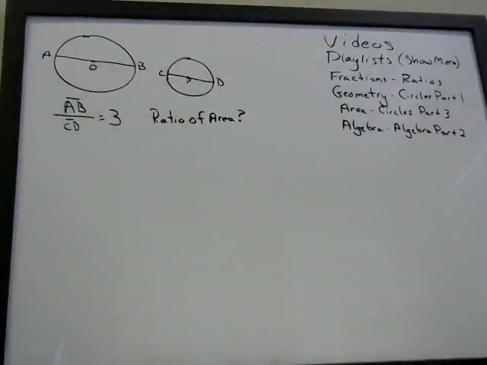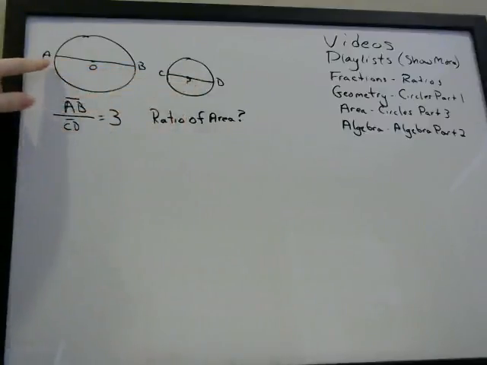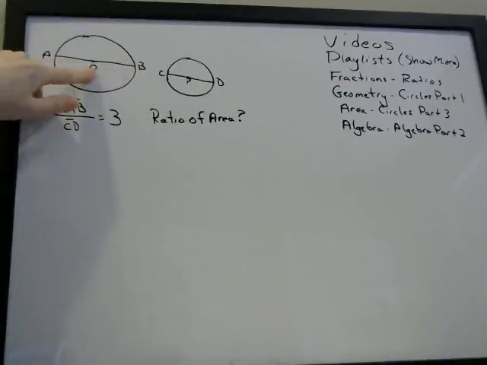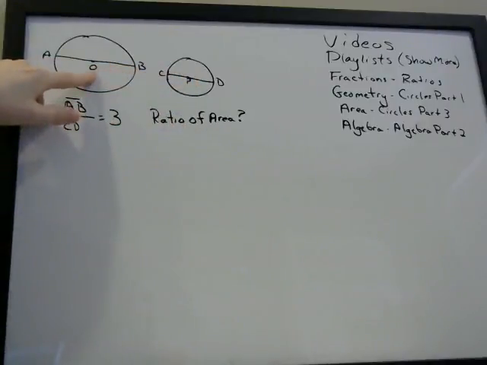So I'm going to show you two different ways to do it. One way is the fast way, but it often doesn't make sense to a lot of people. So I'm then going to go through an example of how to do it if that doesn't make sense. Here's what they've given us: two circles and a line that goes through the center of the circles, because they labeled the circles O and P, and you label a circle based on its center point.